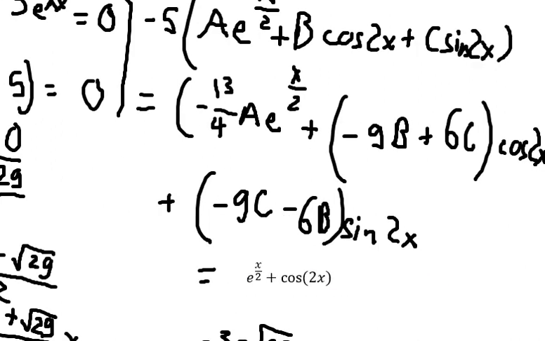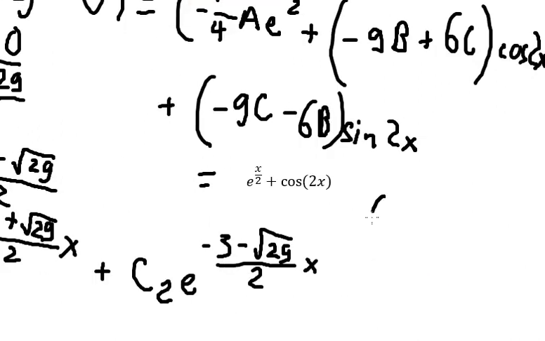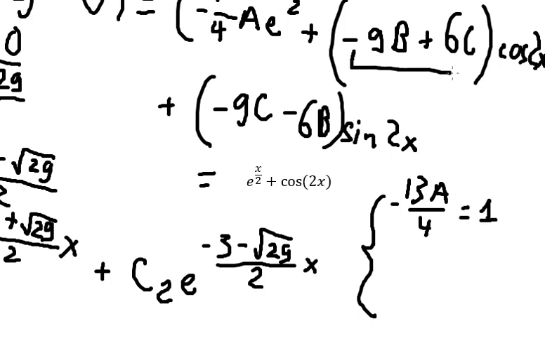So negative 13A over 4 equals 1. This one equals 1. This one, we don't have sine 2s, so that is 0.